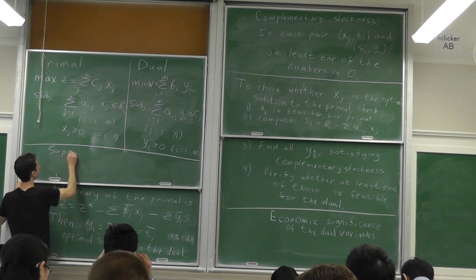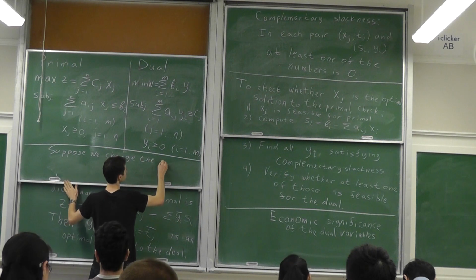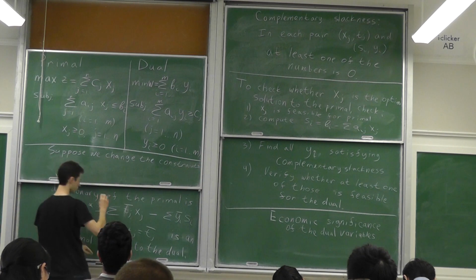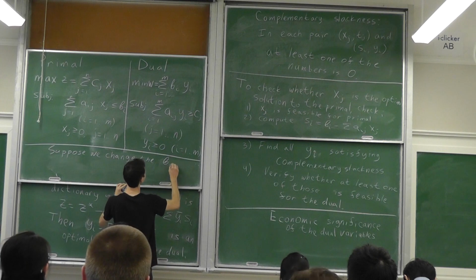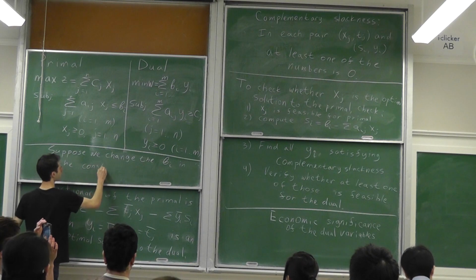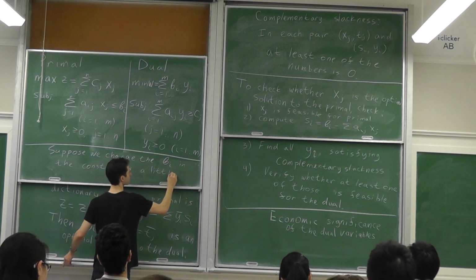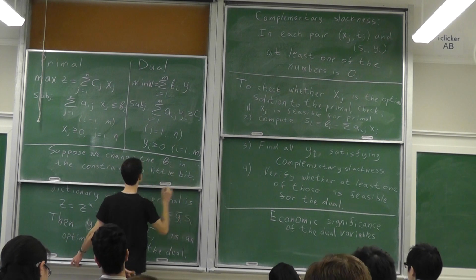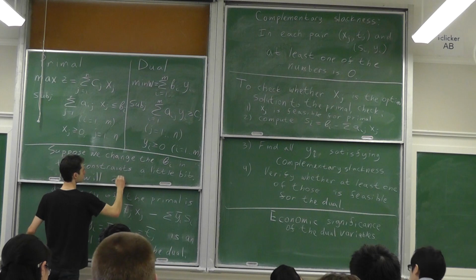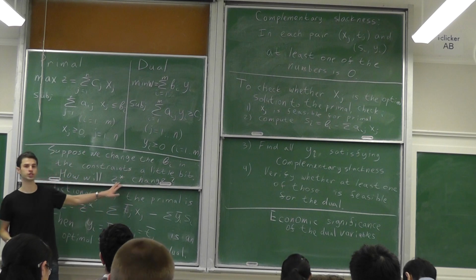Suppose we change the constraints bi in the constraints a little bit. How will the optimal value of z change?